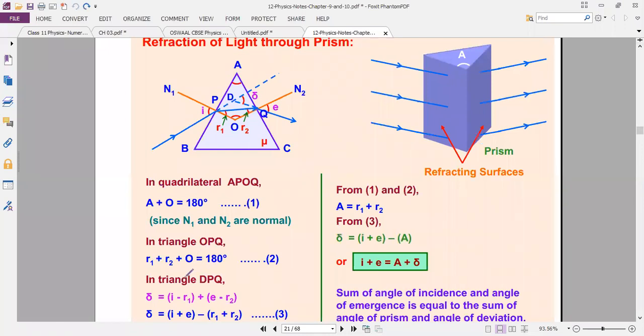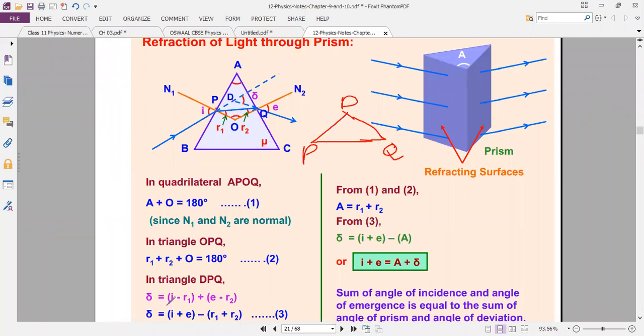Two steps completed. Third one, triangle DPQ. In this triangle, delta is the angle of deviation.